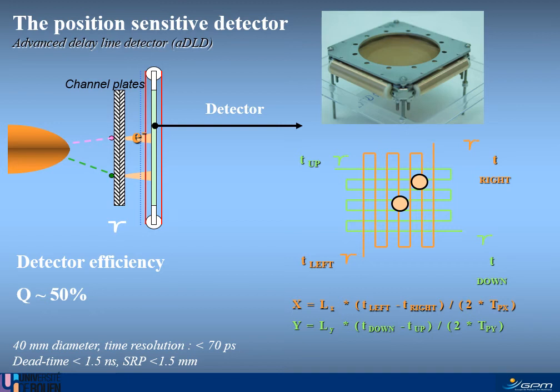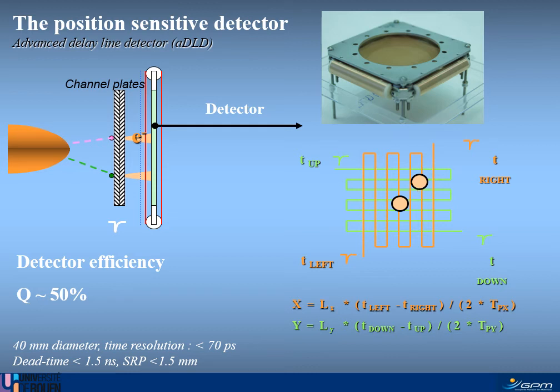This detector, in fact, is based on the use of delay lines. There are 2 delay lines. One is along the x-axis, this line here, and the second one is for the y position. This is in green here.